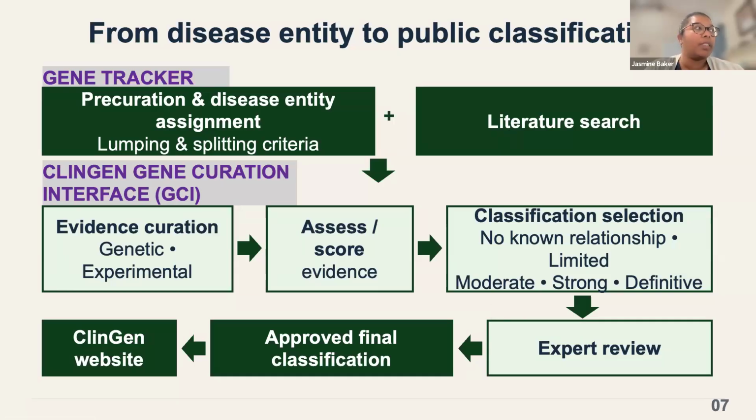Before this is approved, this classification is presented at our monthly GSEP meetings. In the expert review, the curator presents the information, and our experts say yay or nay, or this is what we're seeing in the clinic, which is also very important to consider when you're doing these classifications. The final classification is approved, and then it is published to the ClinGen website.